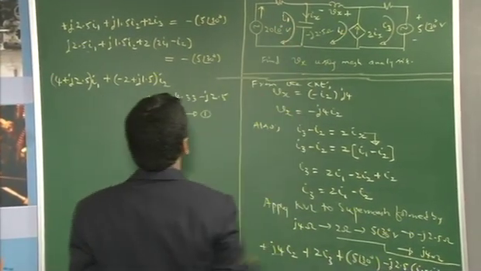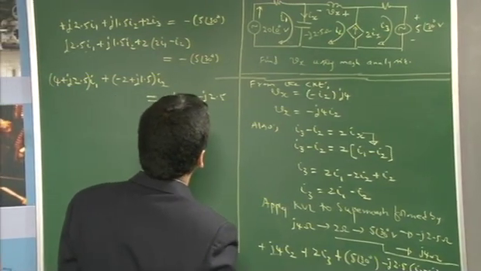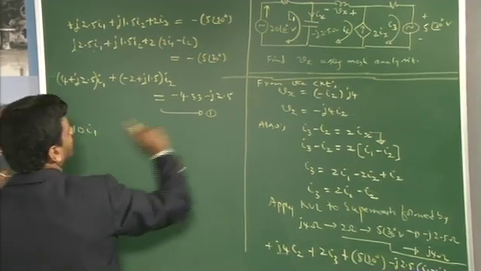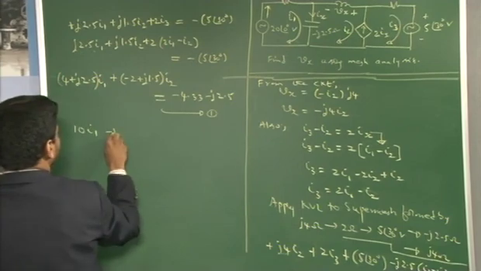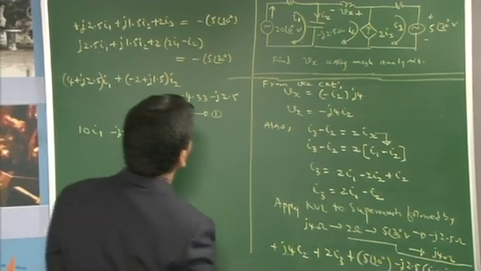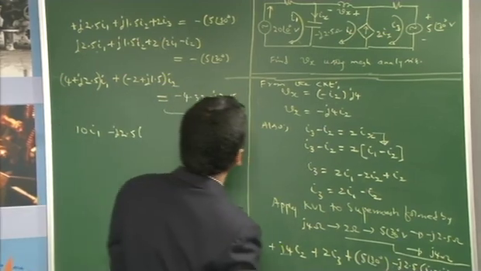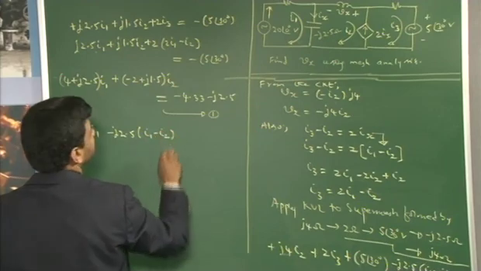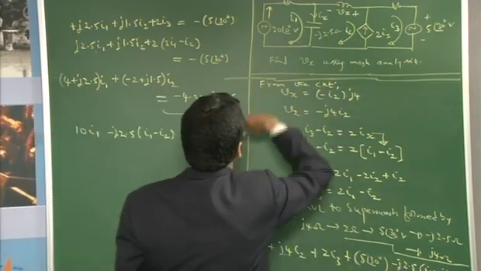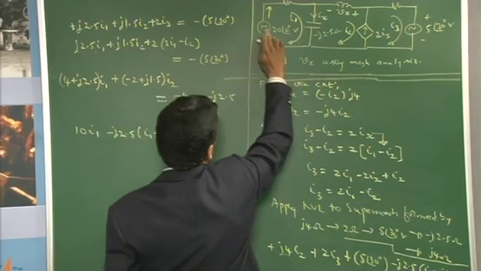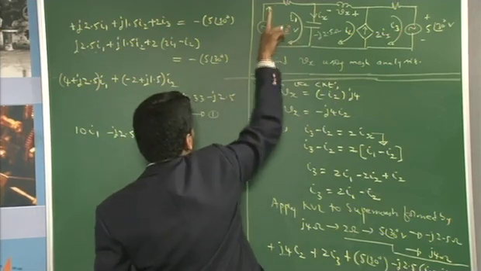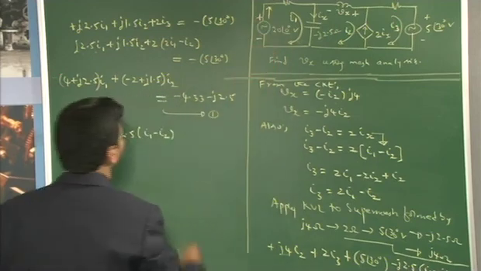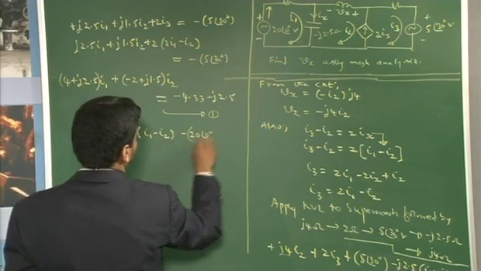In that case, 10 I1, and here minus j2.5 into (I1 minus I2), and then here polarities are not marked, but it is ensured that it is the voltage source and the arrowhead is given. This is indicative of the positive polarity here, negative polarity here. So, minus 20 at an angle of 0 degrees is equal to 0.